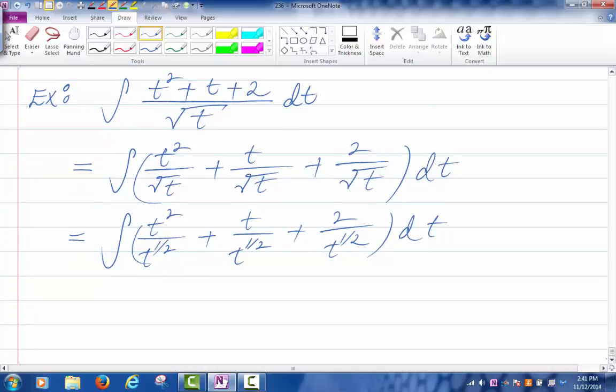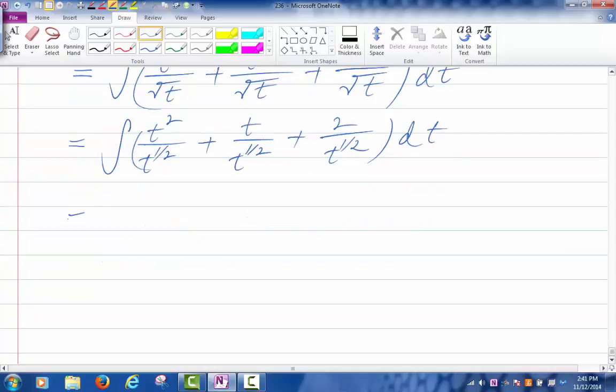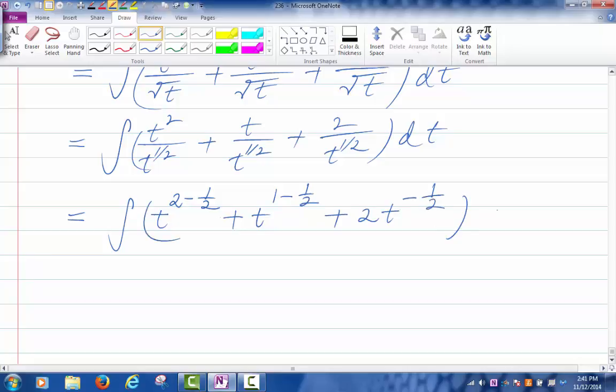Now, what is t squared over t to the half? It's t to the 2 minus a half, plus t to the 1 minus a half, plus 2 times t to the negative half. So this would be the integral of t to the 3 half plus t to the half plus 2 times t to the negative half.